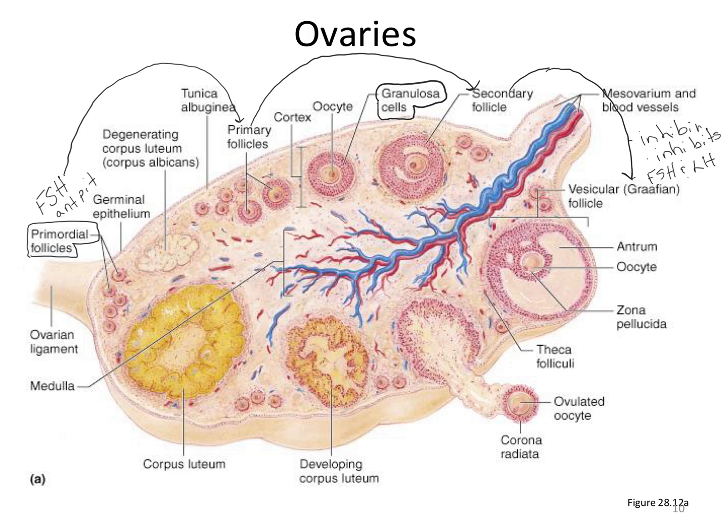So the follicle that gets the largest the fastest and starts to secrete inhibin becomes what's known as a vesicular follicle. On day 14, this vesicular follicle ruptures. So this is day 14 of the ovarian cycle.